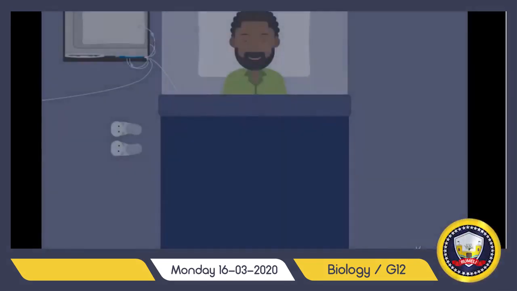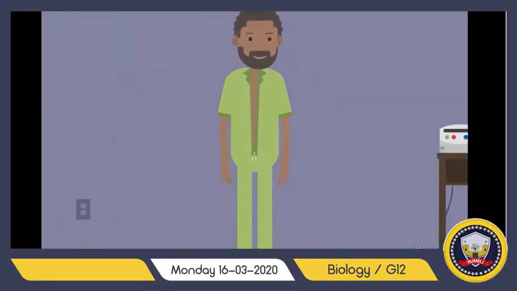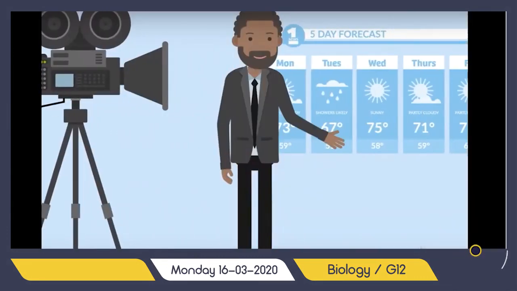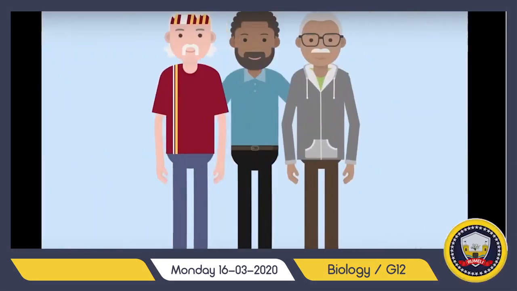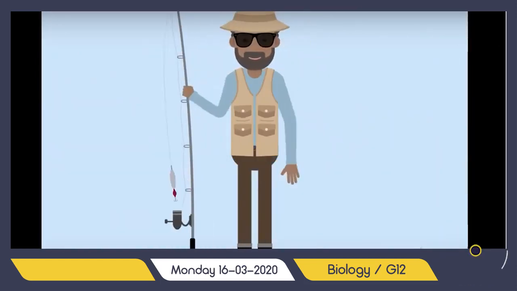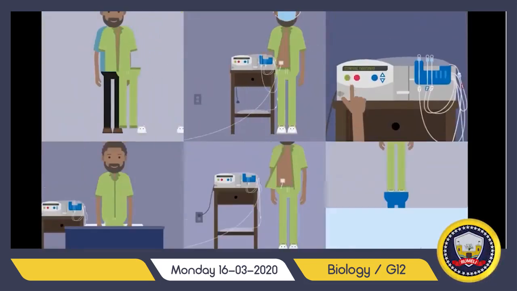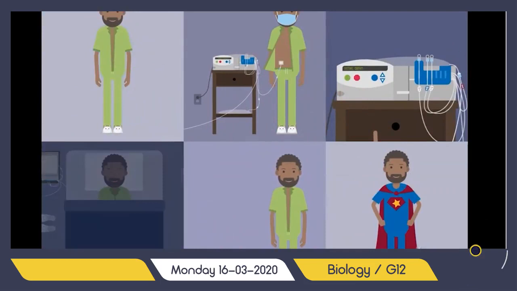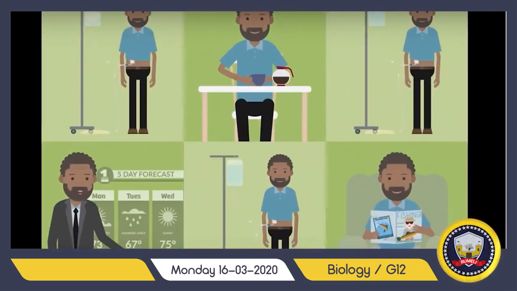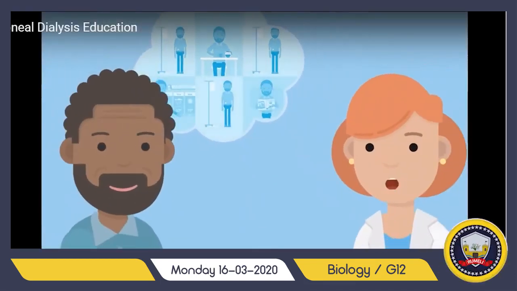After getting 8 to 10 hours of sleep, wake up and disconnect the machine. That's it. You're ready to conquer the day. You can work, visit friends, exercise, enjoy hobbies, and even travel. When you're ready for bed, just repeat the ritual. There is also a way to do PD by hand. If interested, your doctor can describe how this process works.